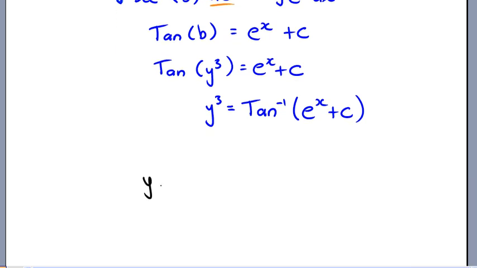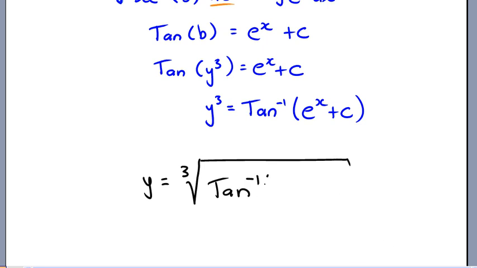This one didn't actually give me any initial value, so I have no hope of finding what that c is, but I can just give people a general solution and say, well, generally it looks like this. It's a cube root of inverse tan, messing a couple things up there, inverse tan of e to the x plus c.